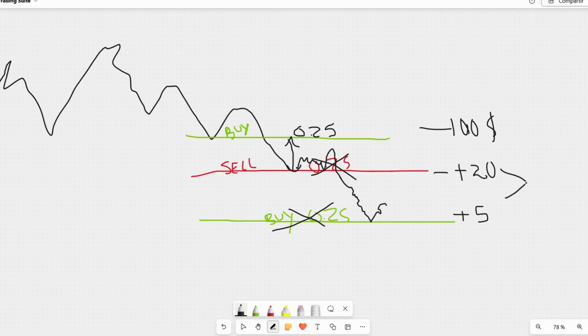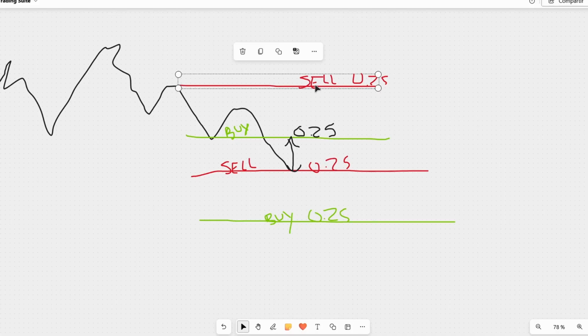So you have in total 25, and you can close to now just being minus $75. So you close this trade, and you close 0.05. So you have now 0.20. So let's go back in time. Maybe this can be a little bit complex, but just keep with me.